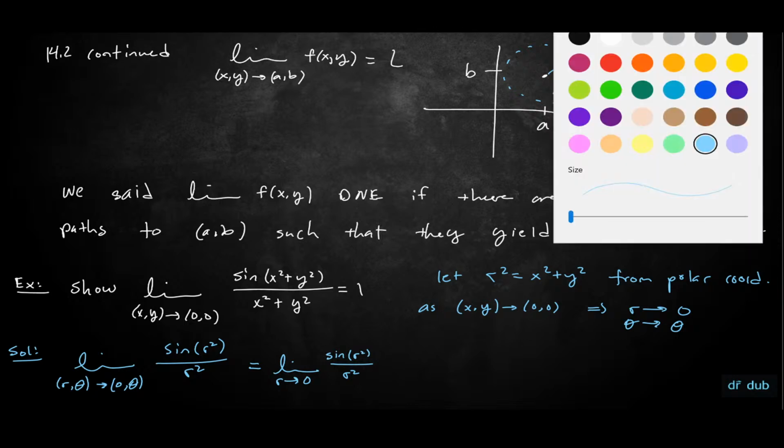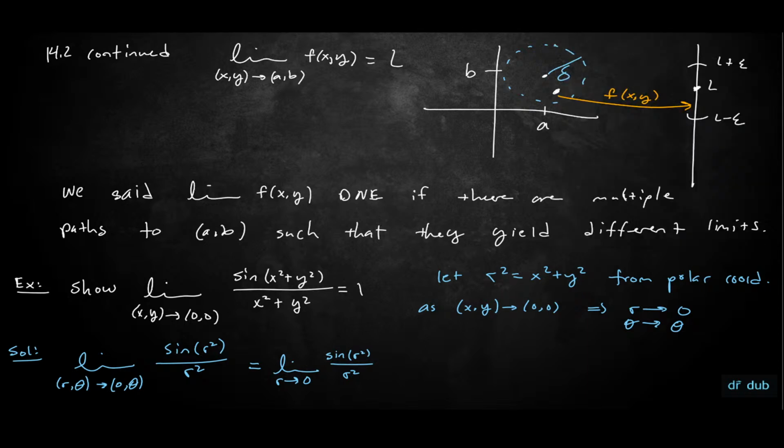If we use L'Hopital's rule, this is equal to the limit as r goes to 0. The derivative of the top would be 2r cosine r squared.